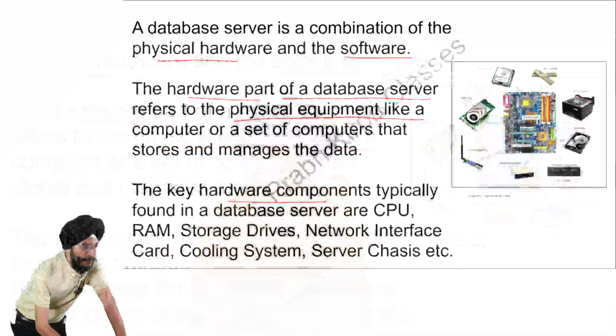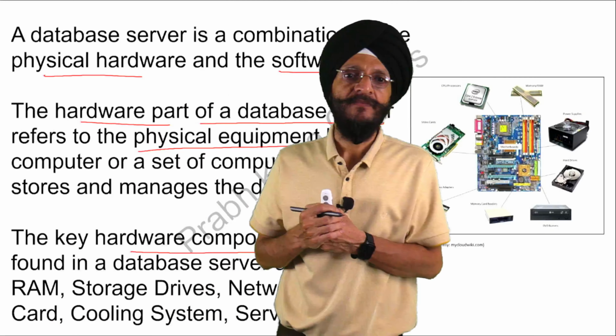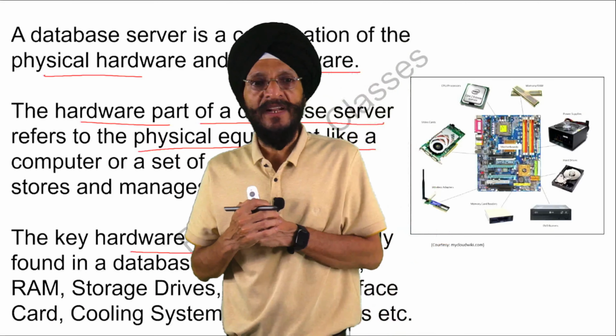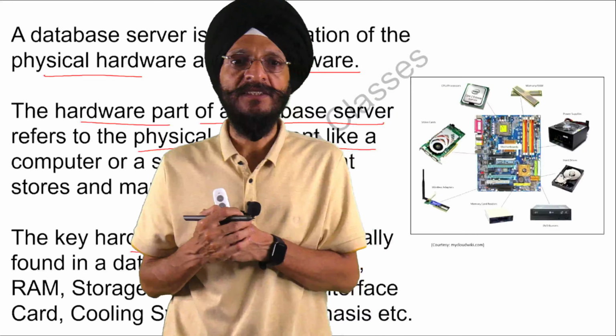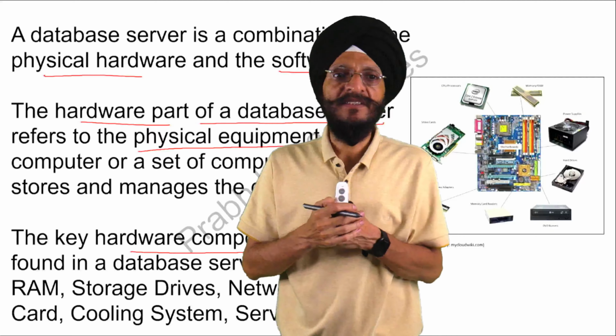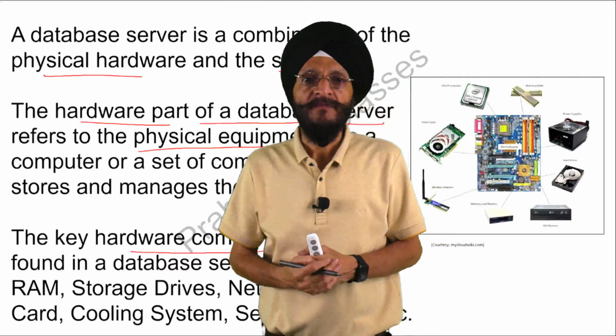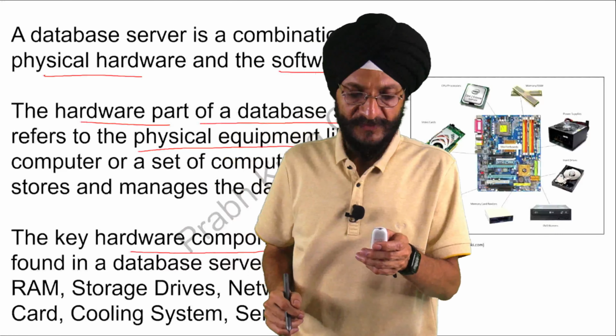The key hardware components usually found in a database server are CPU, RAM, storage devices, HDD, network interface card, cooling system, server chassis where the servers are placed, etc.